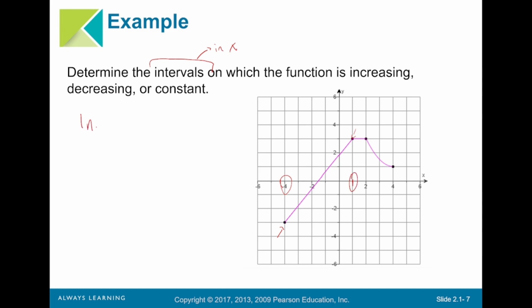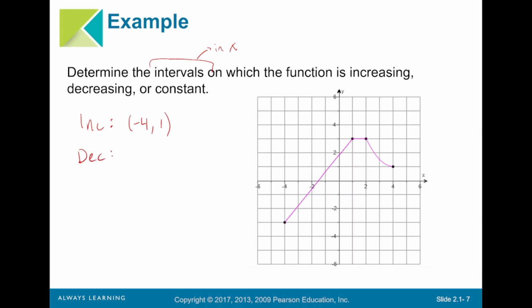So I'll say we're increasing from -4 to 1. Now we always use parentheses here. We always use parentheses here because it's not increasing at the endpoint -4, just beyond the endpoint -4.